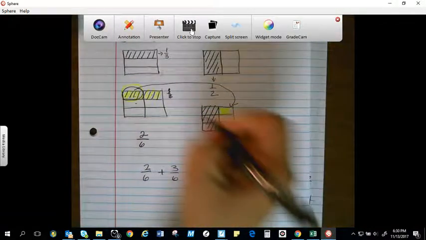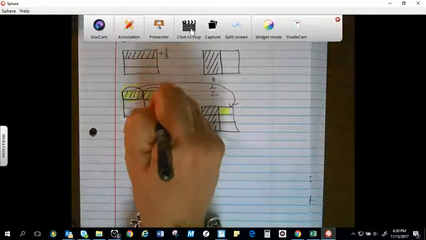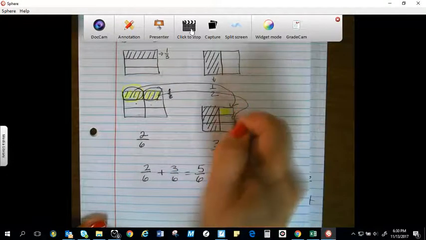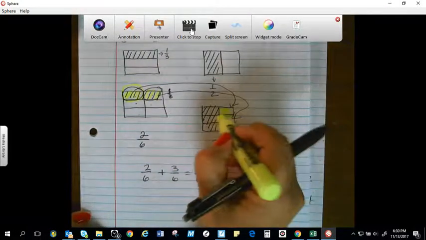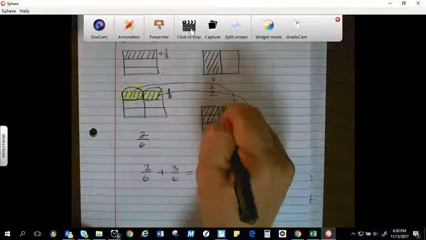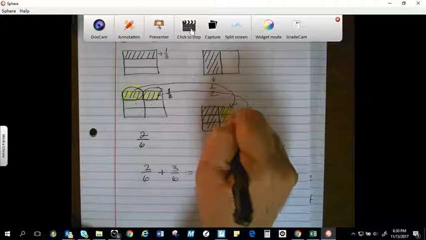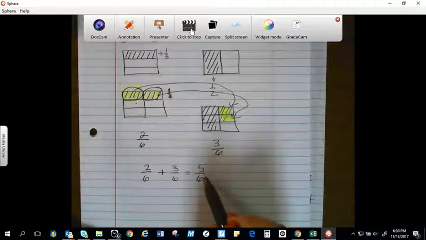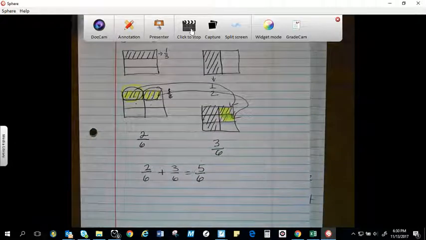And I will take this one here and move it over this one, proving my pictorial matches my equation. So I have 1, 2, 3, 4, 5. 5 out of the total 6 equals 5/6.